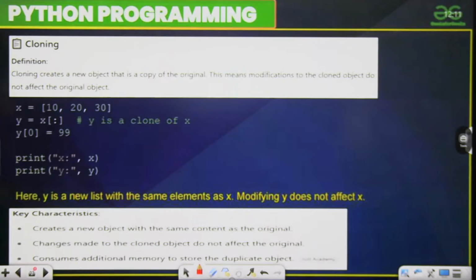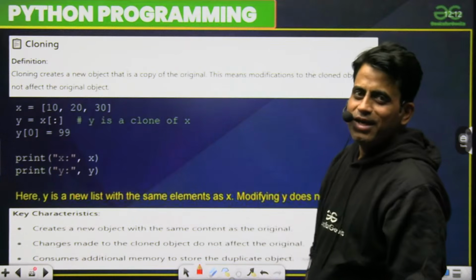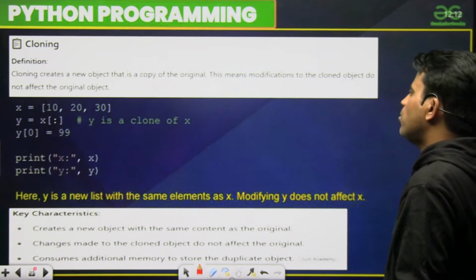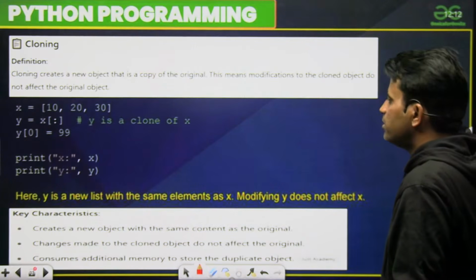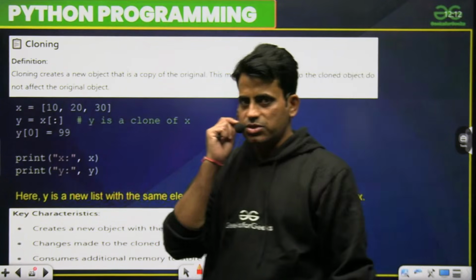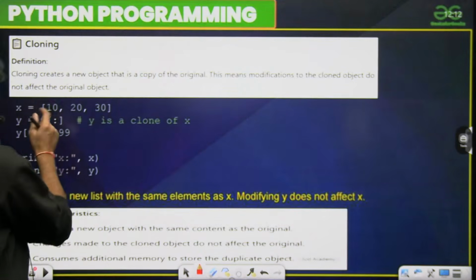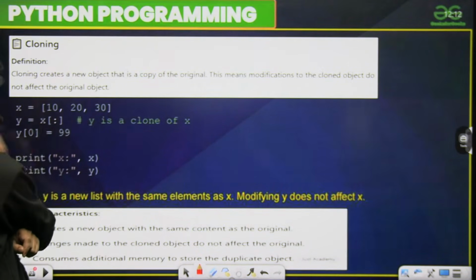Now what is cloning? Okay. Cloning creates a new object that is a copy of the original. This means modifications to the clone object do not affect the original object. For example, x equals 10, 20, 30. y equals x with the slice operator always creates a separate memory box.